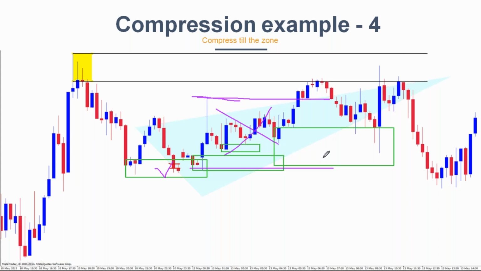Now drop, base, rally. So this is another zone. It is tested. Like this they keep testing each other. So eventually what is happening overall? Up, down, up, down, up, down.